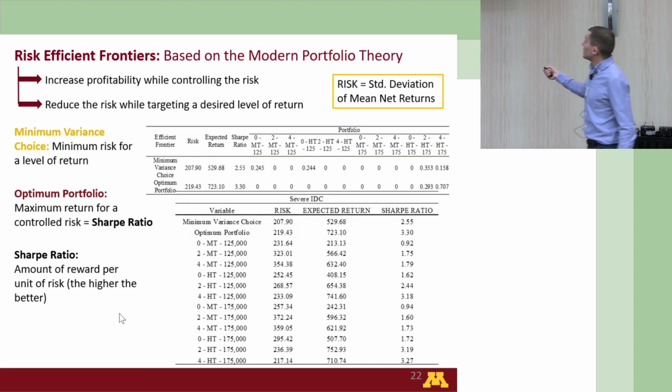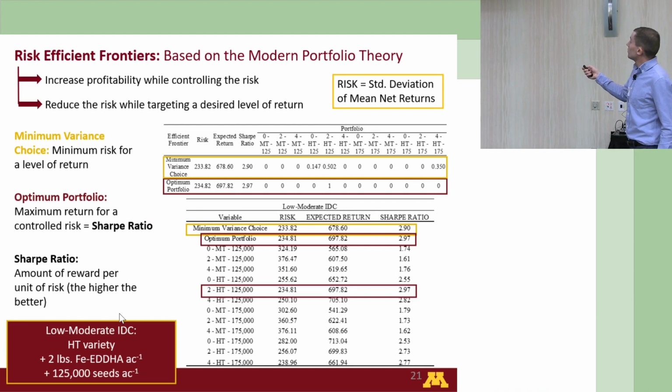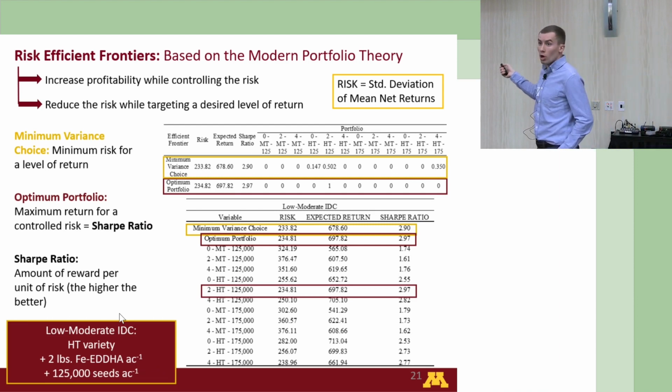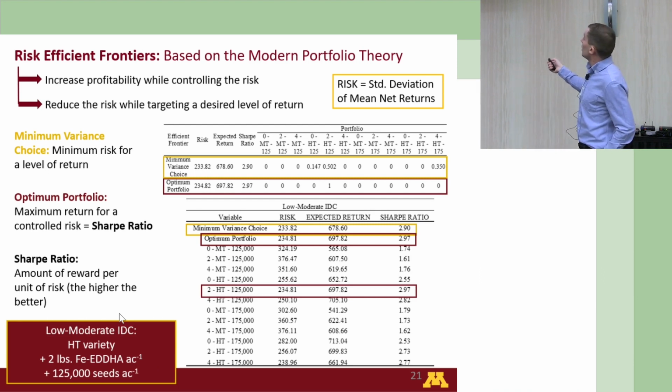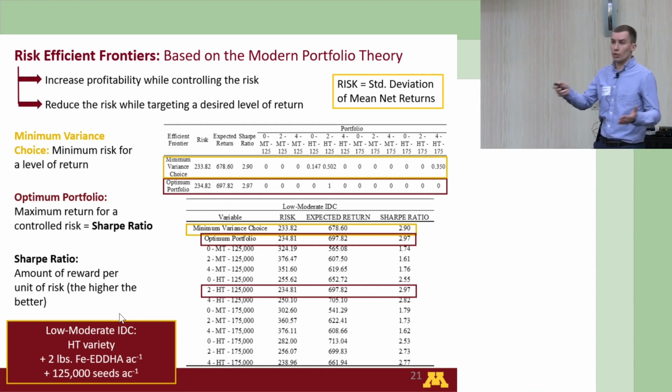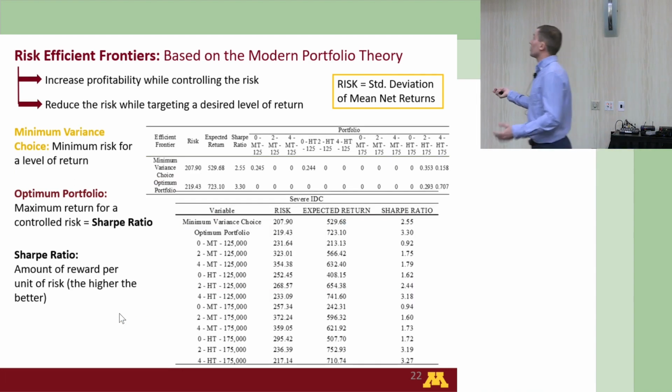And why was that? That's because this treatment combination was only about $1 more risky than the minimum variance choice, and it coincided with the optimum portfolio when it comes to the Sharpe ratio. So that was the best single option for low to moderate IDC conditions, both in terms of risk and reward, or economic returns.